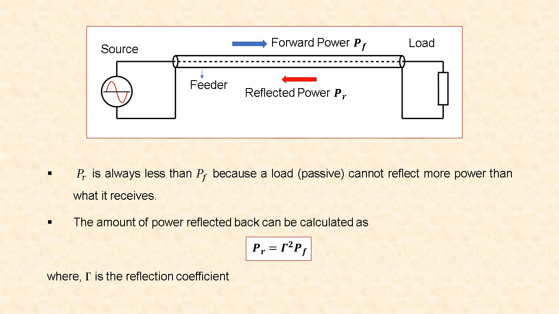The reflected power is always less than the forward power because the load, which is a passive device, cannot reflect more power than what it receives. The amount of reflected power can be calculated by using the formula: reflected power is equal to gamma square into forward power. Gamma is the reflection coefficient.